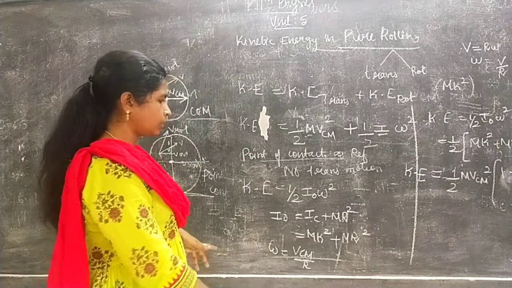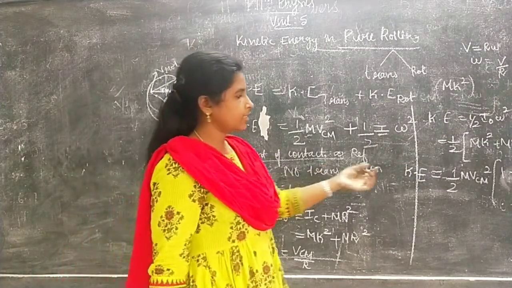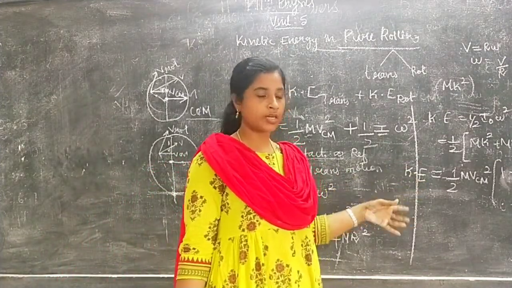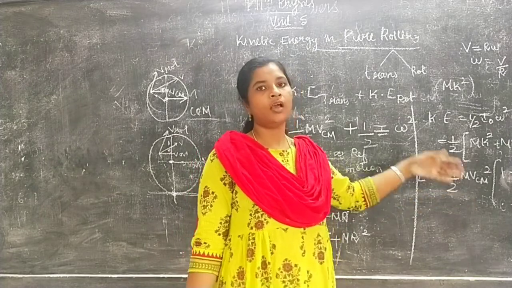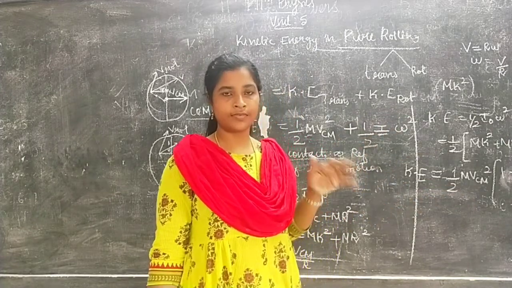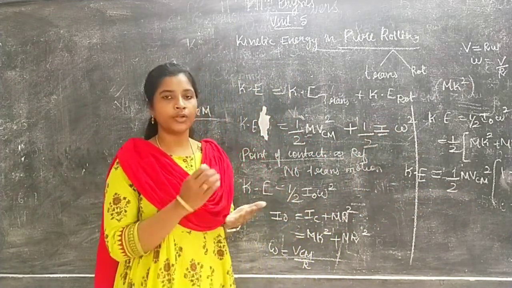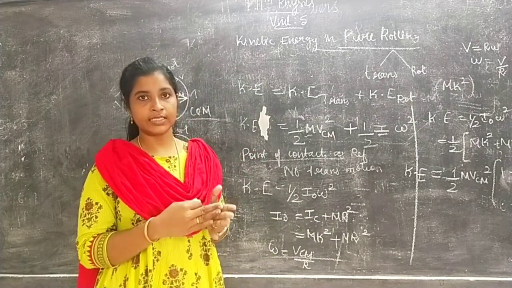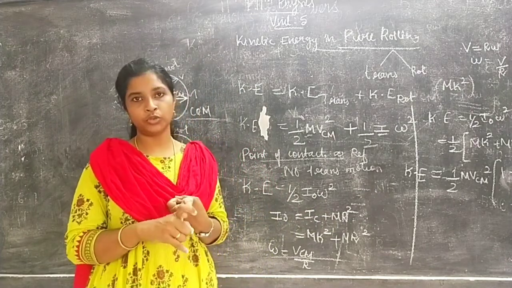When you see both the cases, the kinetic energy with the center of mass as reference and with the point of contact as reference gives the same value. So to find the kinetic energy, we can do it in two ways.